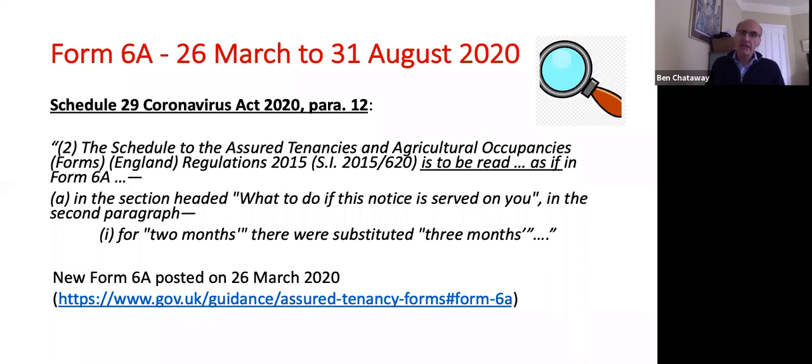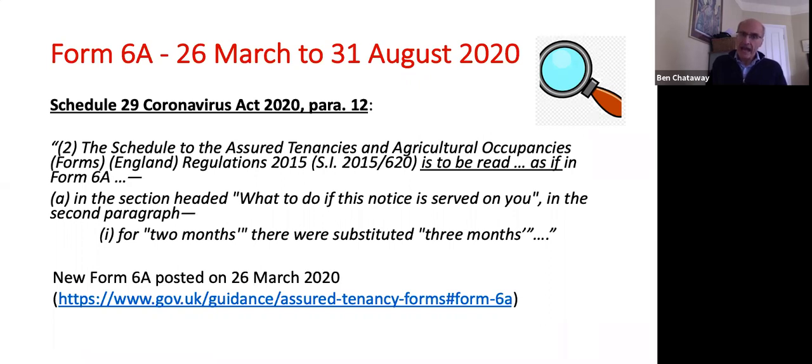Or does it mean that actually landlords are required to use a new form, which is based on the schedule read through the lens of the 2020 Act, and therefore landlords ought to be serving a new form that refers to 3 months?